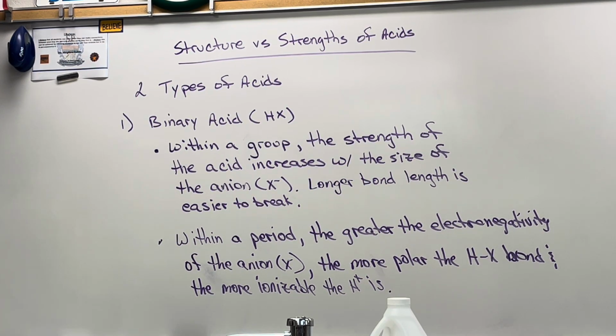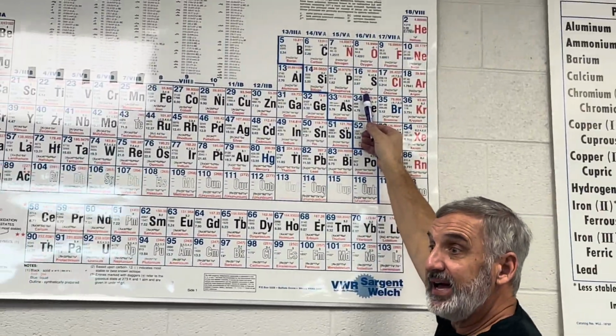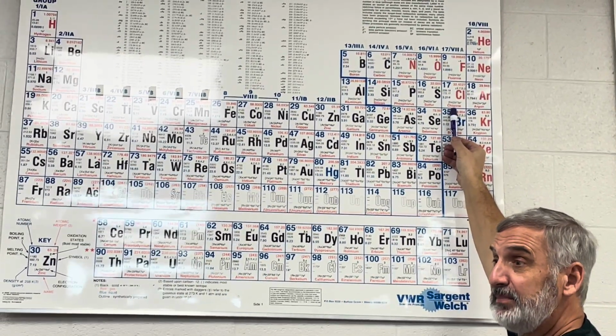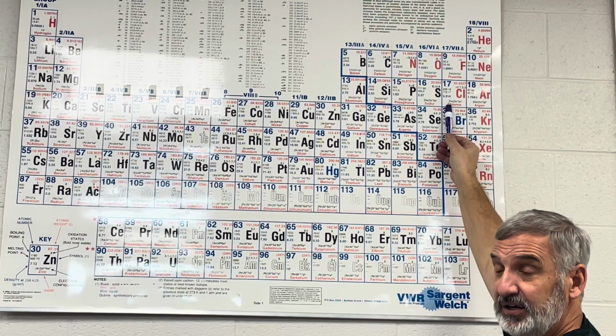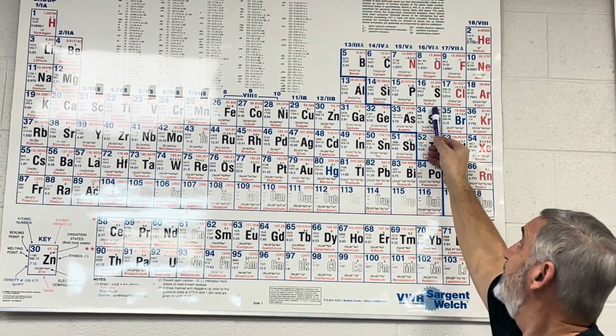So it's one of the stronger weak acids, but still not 100% ionized because the bond is too short. If I compare HCl to H2S, S is bigger than Cl, which means the bond length is a little bit bigger, not much, but a little bit, okay?